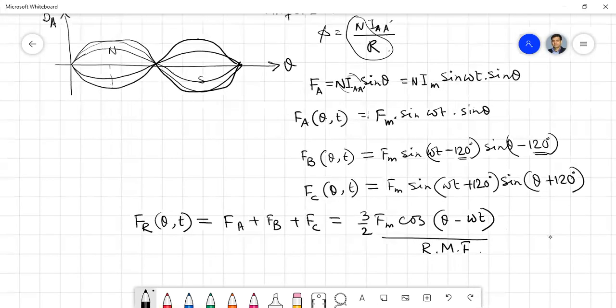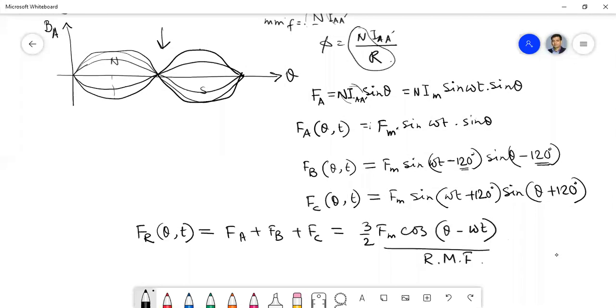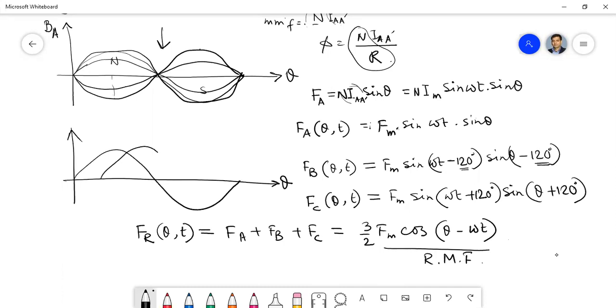So you have seen this particular thing which we get from a single phase supply and single winding. But if we try to draw the field distribution for the rotating magnetic field, that means the resultant field, if at one time instant this is the picture, in the next time instant the poles will be shifted.